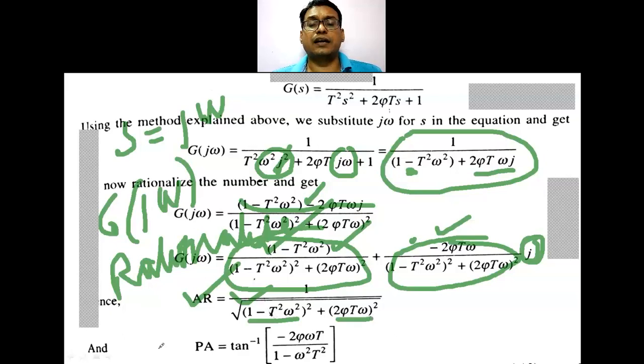Similarly, the phase angle is nothing but the imaginary part upon the real part, which comes as minus 2 phi omega tau upon 1 minus omega square tau square.